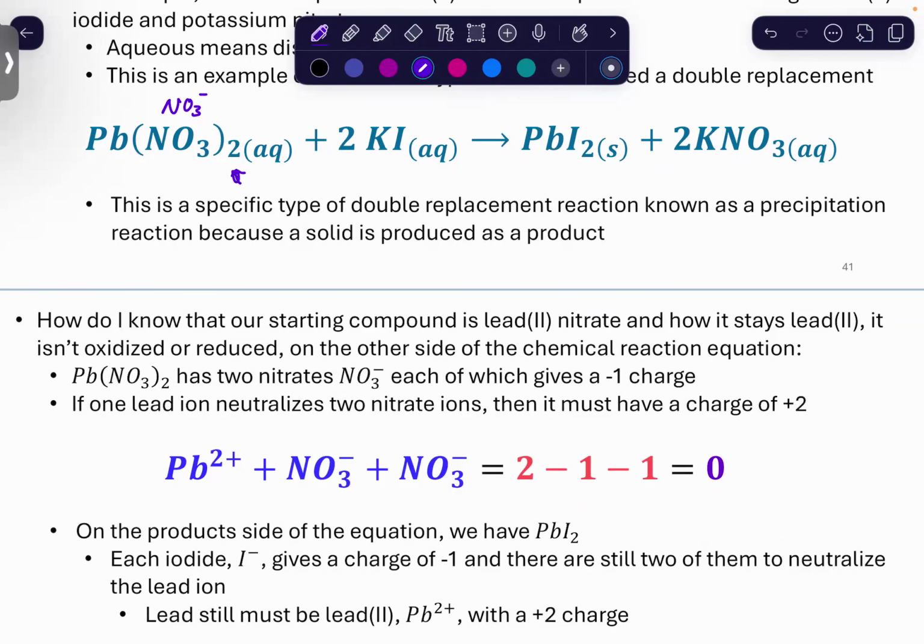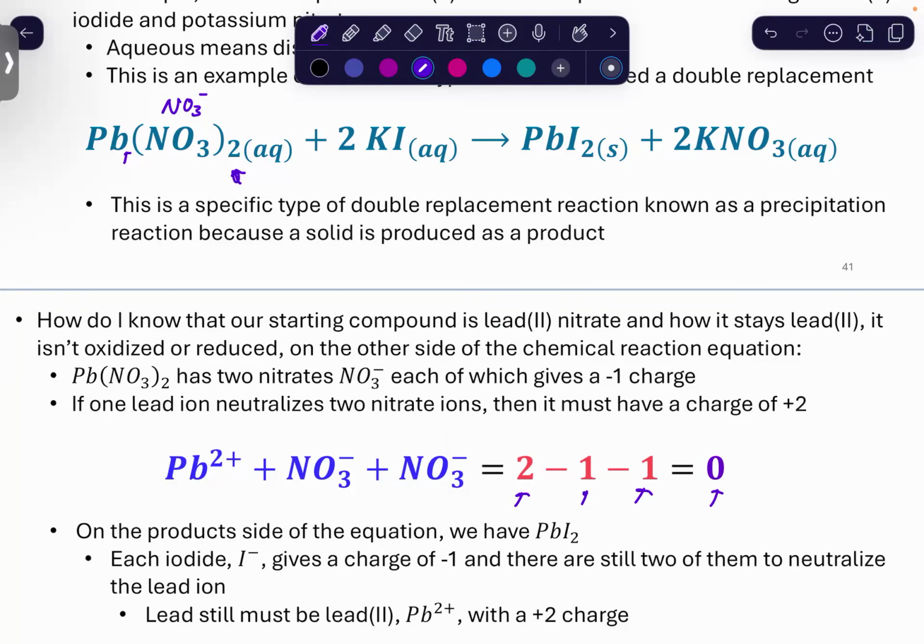So that means that since there's no subscript on lead, it's a one. One lead neutralizes two nitrates. So it has to have a charge of +2, because if you do your lead plus nitrate, you're going to get a +2 and -2, which is neutral. That's how I know it's lead 2 nitrate.